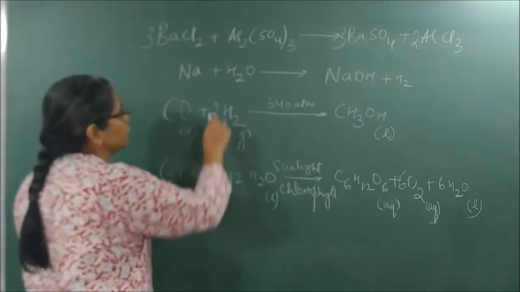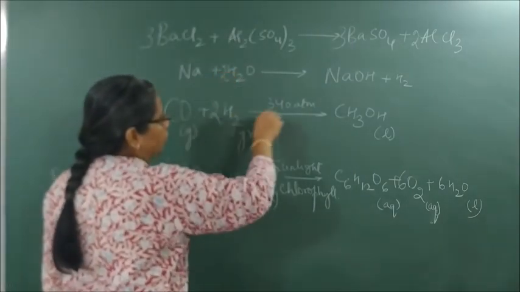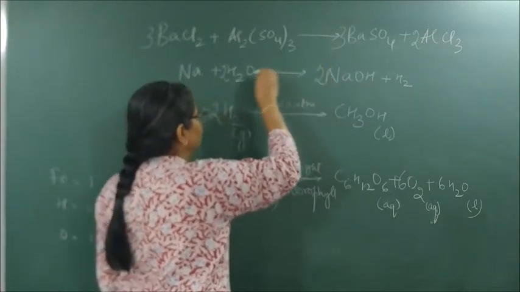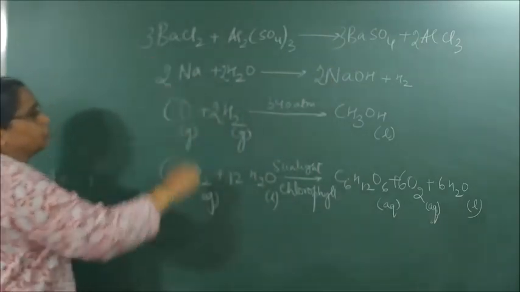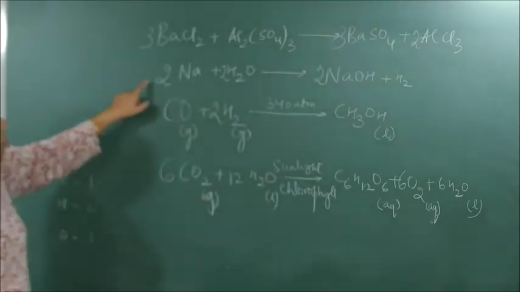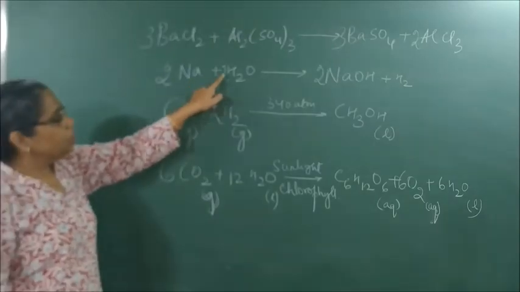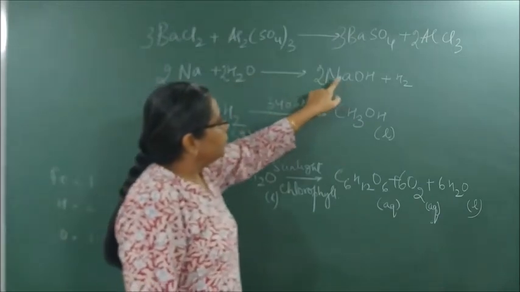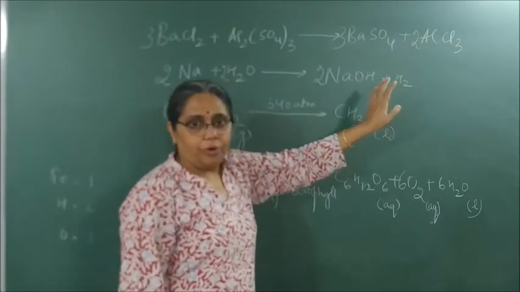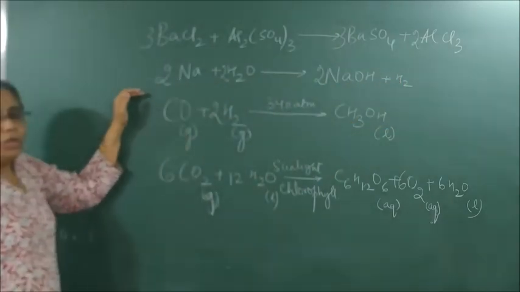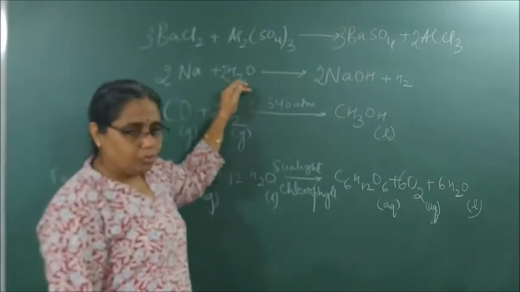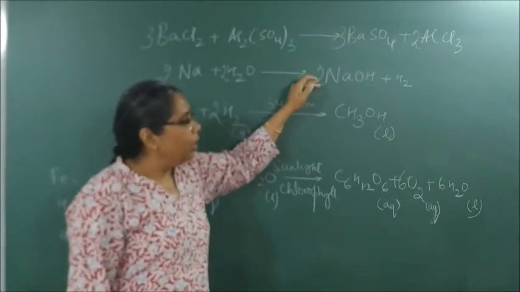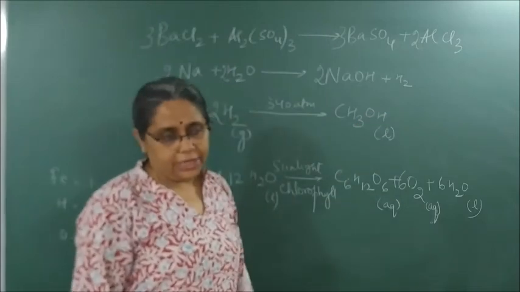If you say 2H2O, oxygen also needs to become 2, so this also becomes 2. So now see, 2Na plus 2H2O, total hydrogen should be 4. Here 2 and here 2, so 4. So our balanced equation is 2Na plus 2H2O gives 2NaOH plus H2.